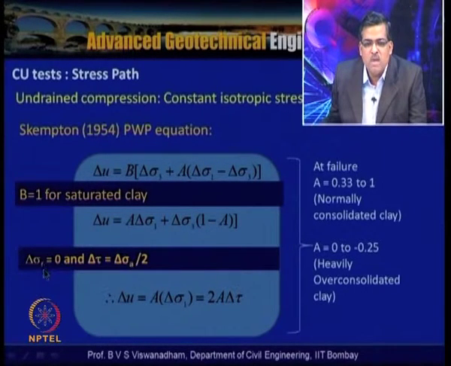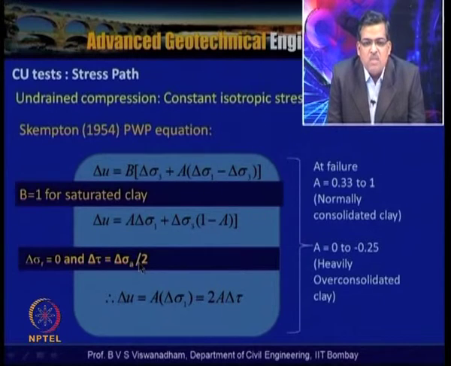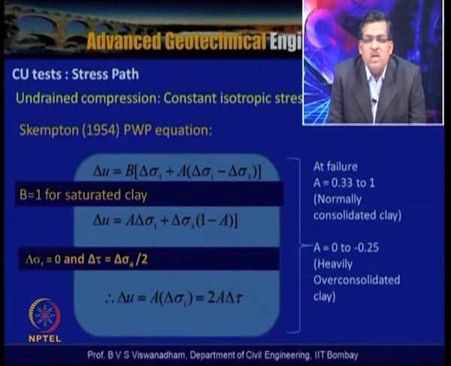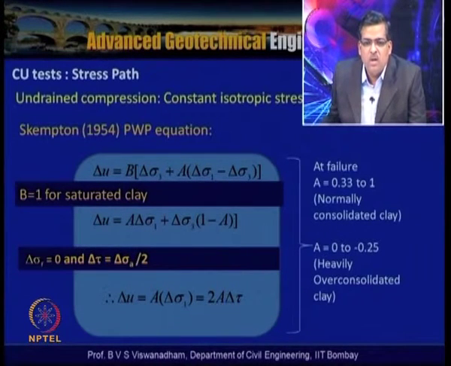So delta sigma r is equal to 0, there is no change in the radial stress, and delta tau is equal to delta sigma A by 2. So delta sigma A is equal to 2 into delta tau.